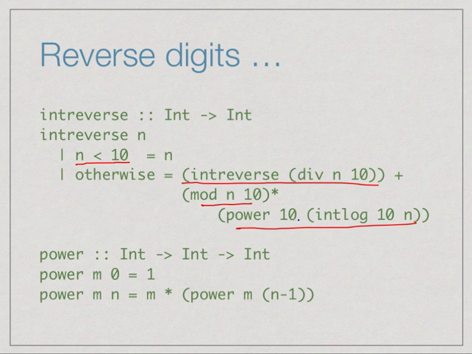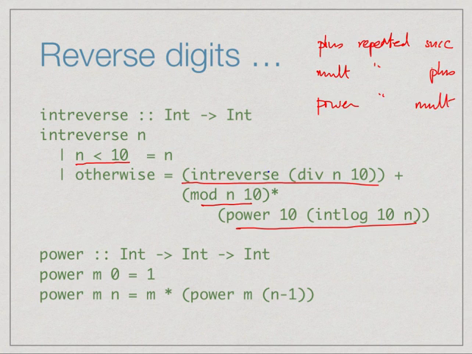And how do I define power? Well, we saw in the first few examples that plus is repeated successor, mult is repeated plus. So power or exponentiation is repeated multiplication, right? If I say 2 to the power 7, it means 2 times 2 times 2 times 2, 7 times. So that's exactly right. We wrote plus and mult.